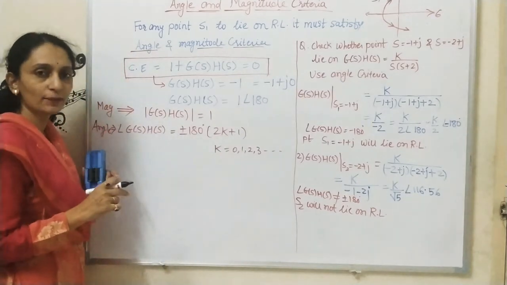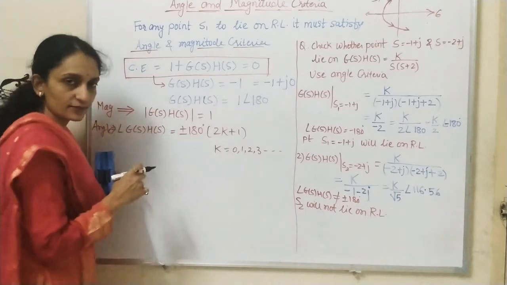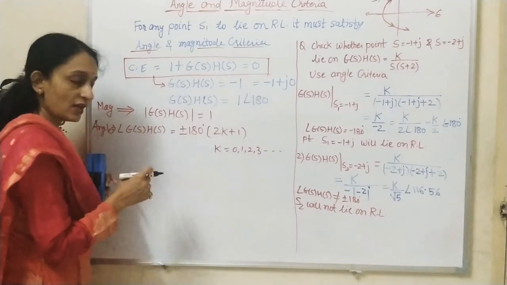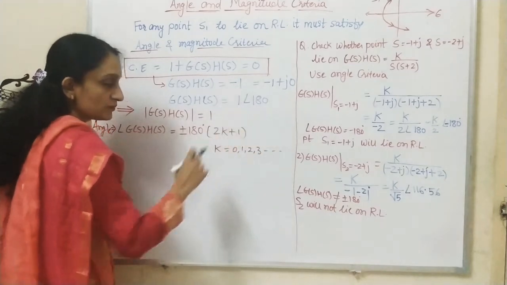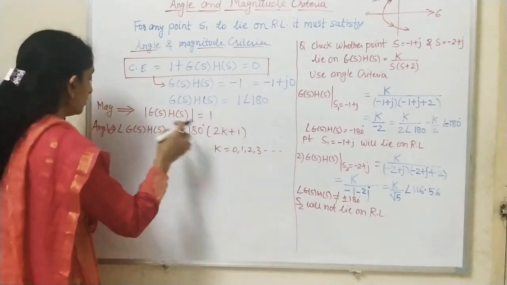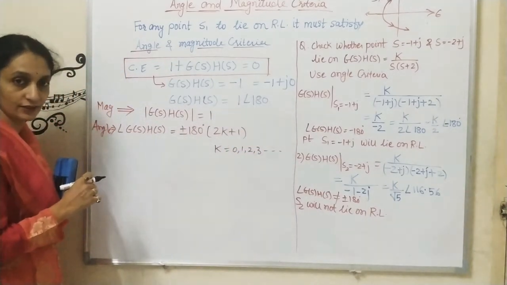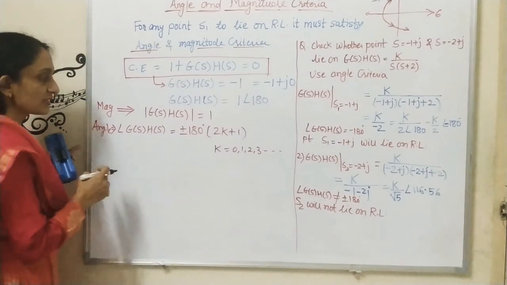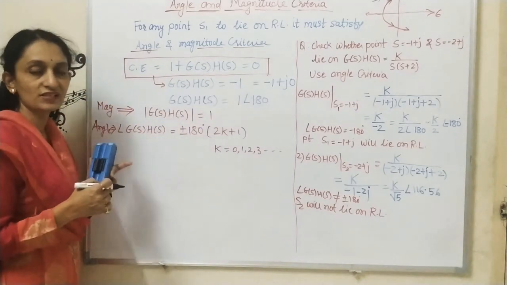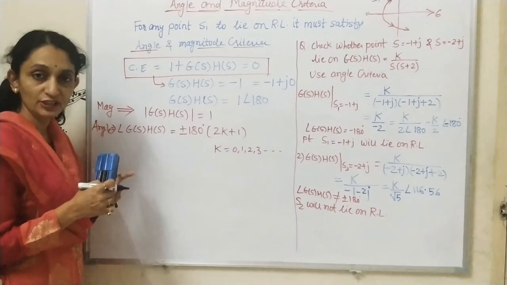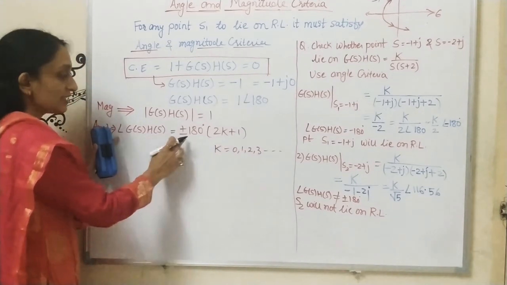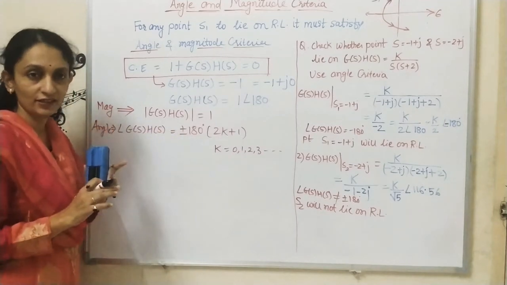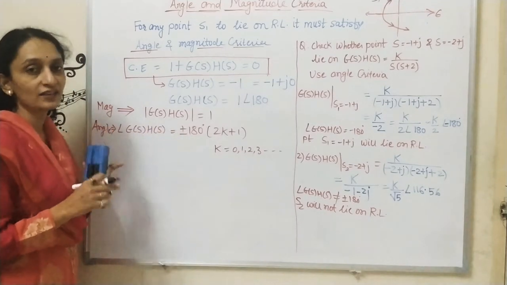Why is it given as 2k plus 1? Because this is the generalized term. K is a constant and we need to vary the value of k, from 0 to infinity. For that we have to calculate the angle criteria. In short, mod of G(s)H(s) equal to 1 is called the magnitude criteria, and angle of G(s)H(s) equal to plus minus 180 degrees is called the angle criteria.